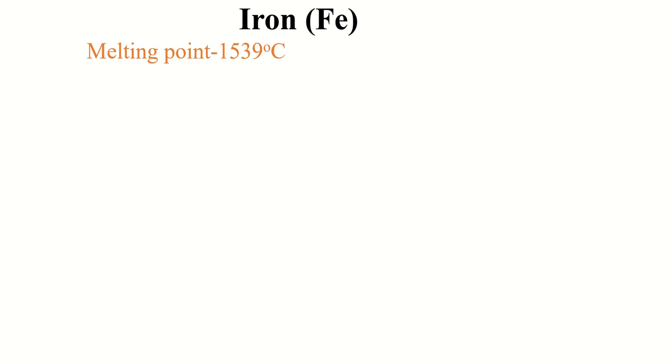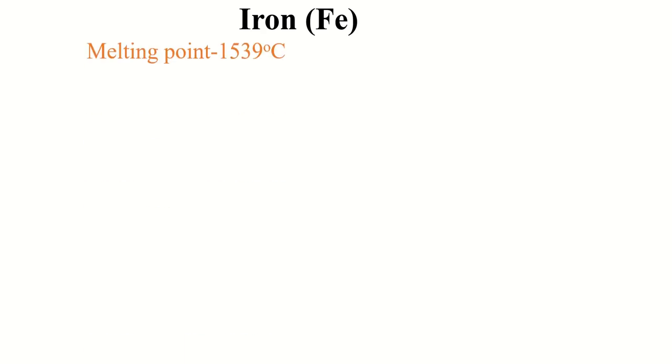The melting point of iron is 1539 degrees centigrade. If you want to melt the iron, we have to increase the temperature greater than 1539 degrees centigrade.